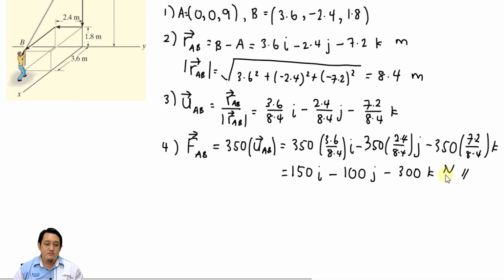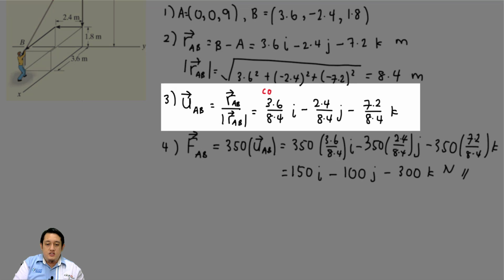Therefore, because we already have this unit vector of AB, make sure we are using the same direction AB. Unit vector AB here. So this one here is cosine alpha, this one is cosine beta, and this one is cosine gamma.